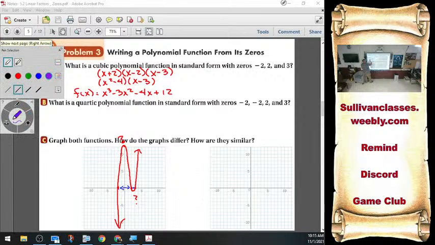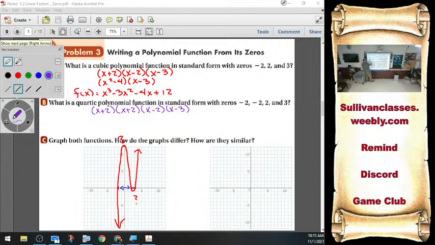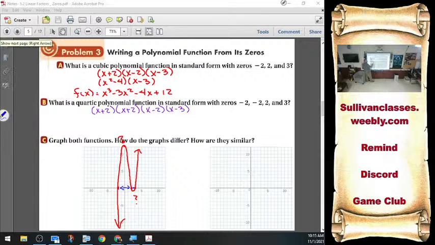Part B. I'm getting fuzzy memories now. I think this is where we left off. We have x plus 2, x plus 2, x minus 2, x minus 3. And we had said the best way to probably go about that is to multiply 2 together, and then multiply those together.